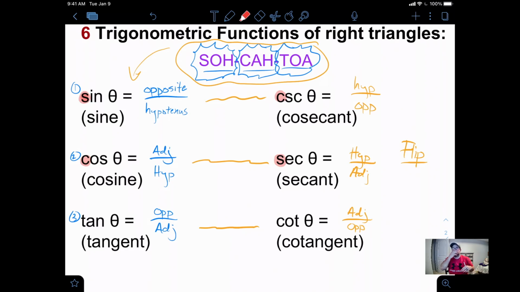I know sine, cosine, tangent are the original 3, but then when I get to cosecant, secant, and cotangent, the cotangent and tangent are easy to put together.